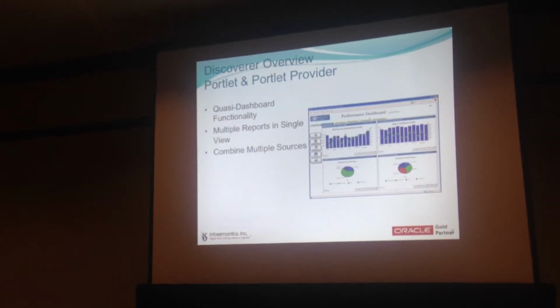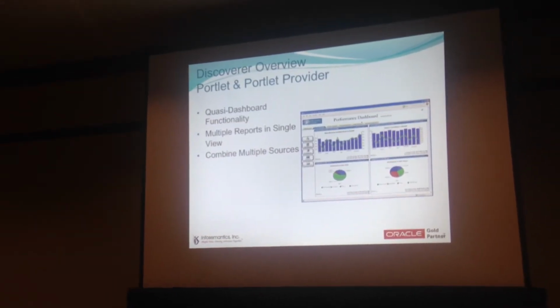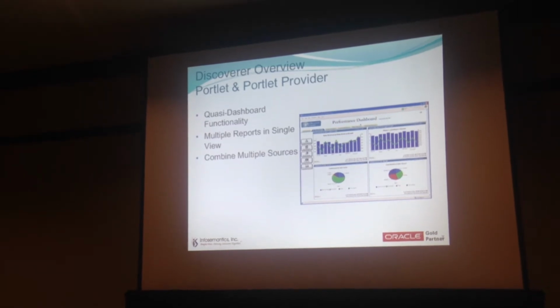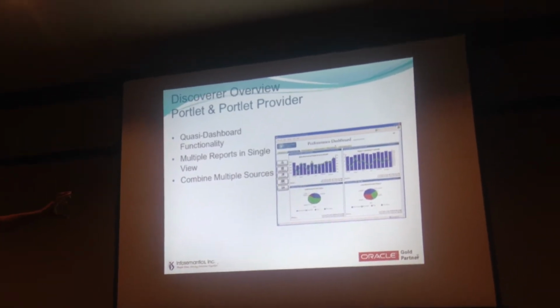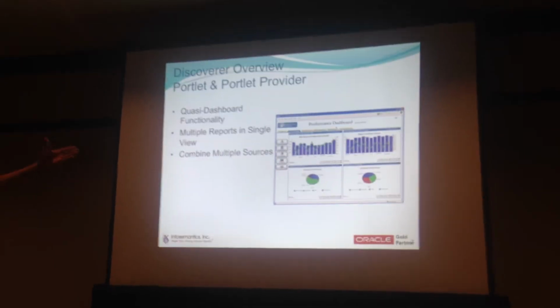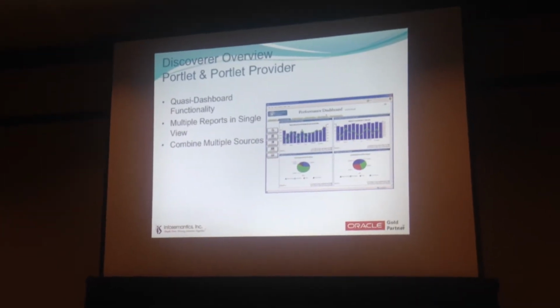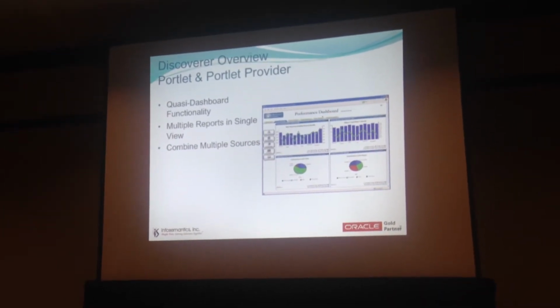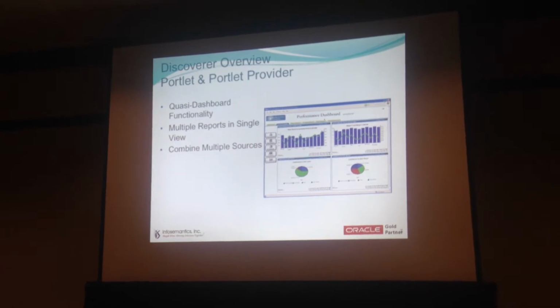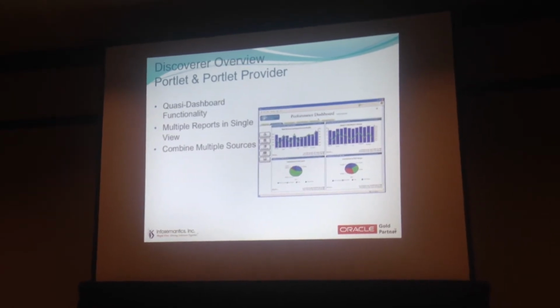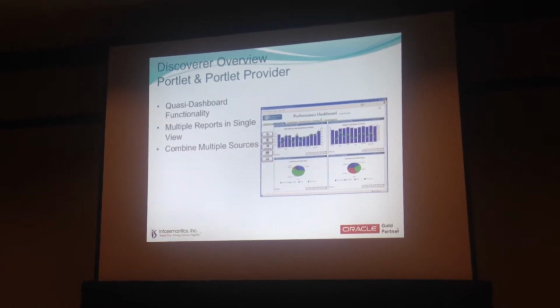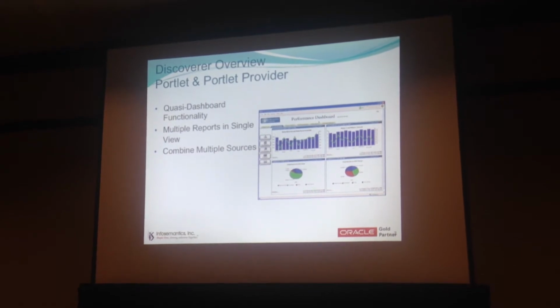On the next slide, if you implemented the portlet, there were some features where you could have the tabs as part of the portlets within the portal page. But you'll see how well it has been done in OBIEE down the line when you start looking at it.